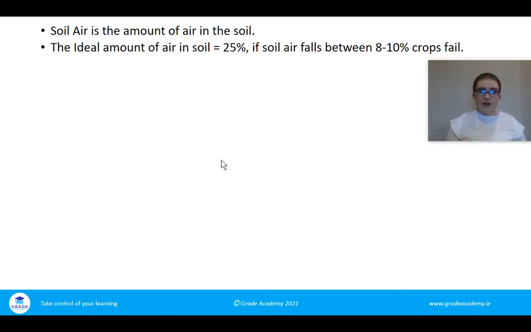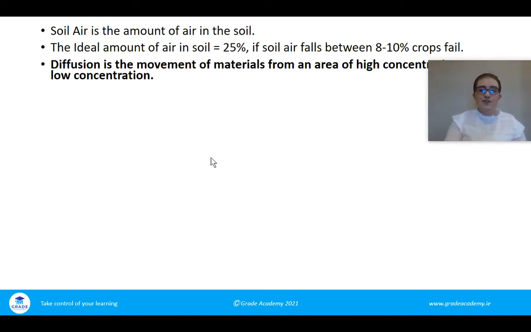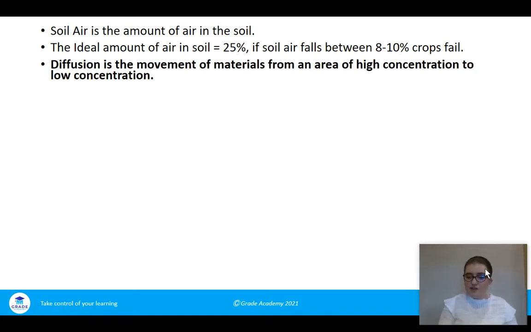They're not going to be able to carry out the main two reactions that all plants carry out, which is photosynthesis and respiration. So it's not going to be ideal for them. So what is diffusion? Diffusion is the movement of molecules from an area of high concentration to an area of low concentration.